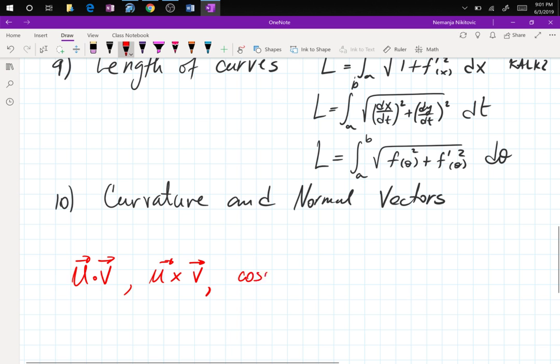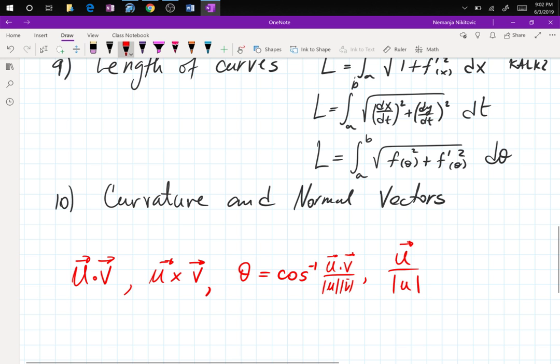Cosine theta. Theta equals cosine inverse of u dot v over magnitude u magnitude v, all vectors. Unit vector, vector u divided by its magnitude, that's going to show up for the unit tangent vector, that's going to show up for the principal normal vector.